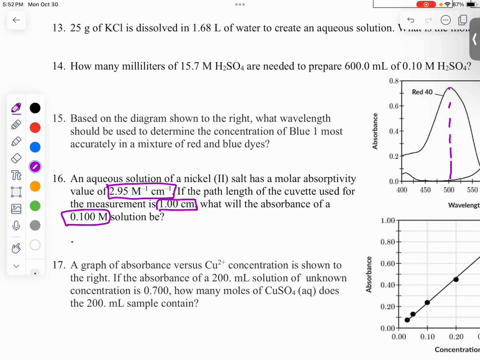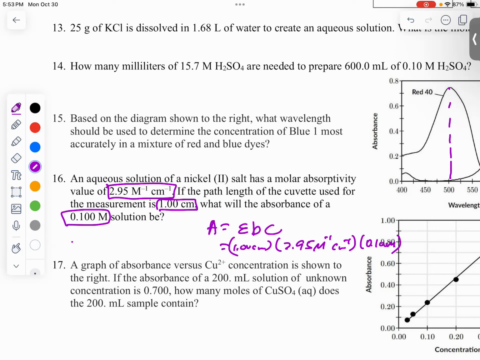The equation is A is equal to epsilon B C. The path length is B. The epsilon is the molar absorptivity. And the absorbance is A. Yes. But at the end, what you can see is that the units will all cancel each other out. That's how you ensure yourself, and that's how I get to appreciate the real dimensional analysis.